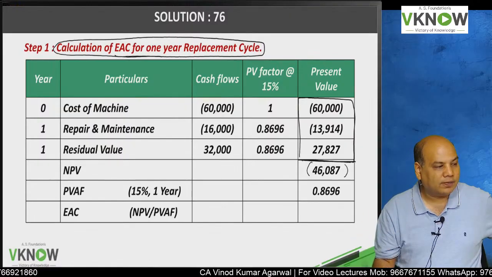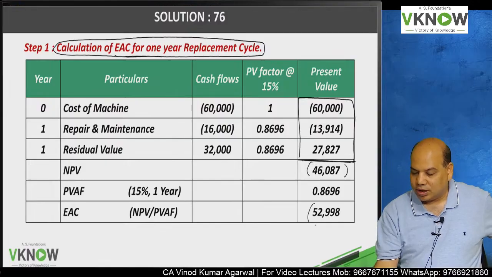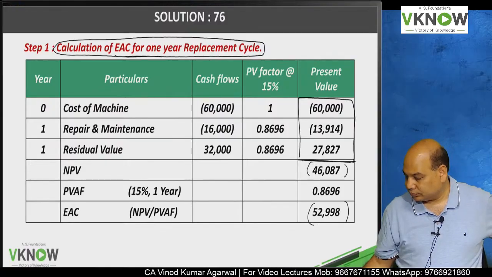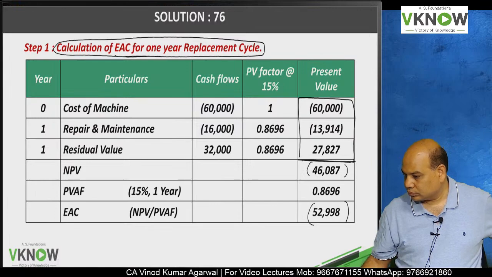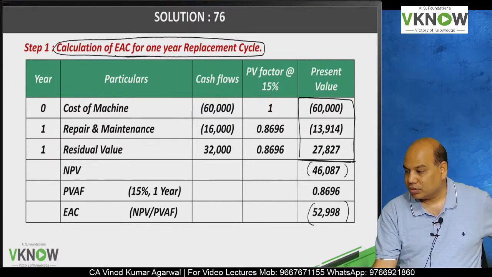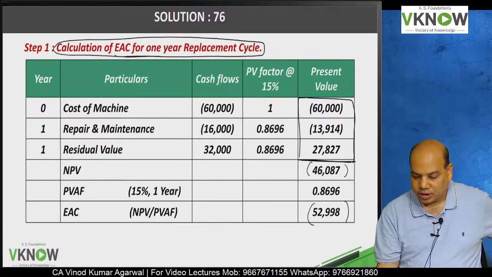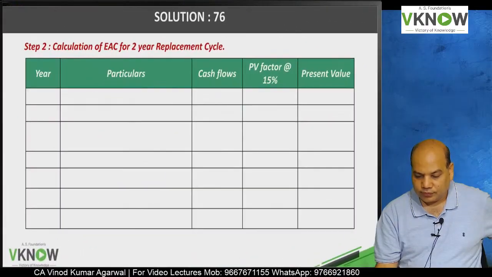Come on, reply fast. 52,998. Very good answer. Sometimes you people are amazing. Very good, 52,998. In brackets write it down because it's an outflow.